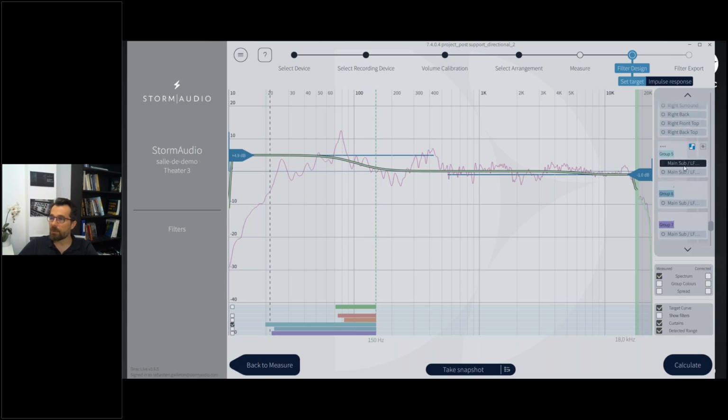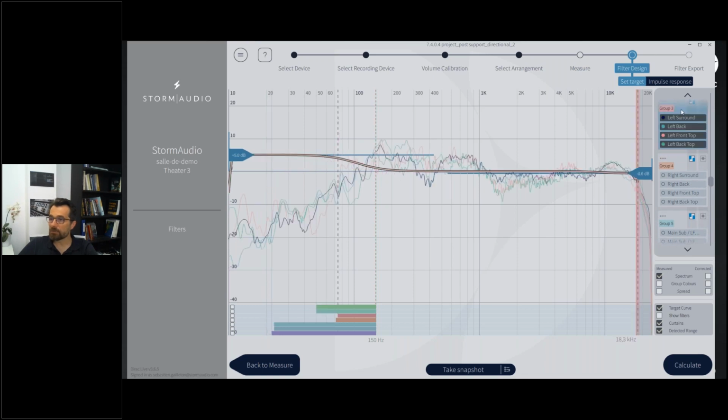And when you go into the support of, for example, the left surround group, maybe you want to try that the surround speakers are only supported.